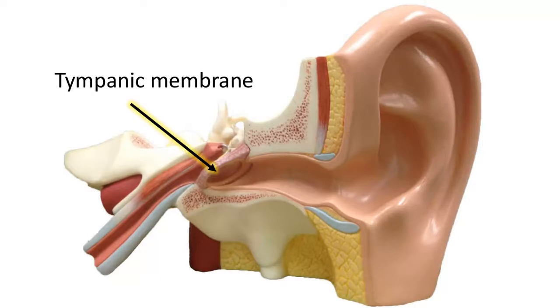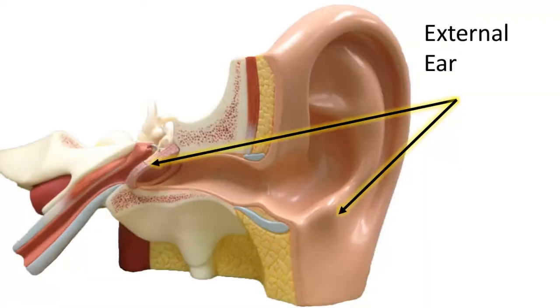The only acceptable answer is the tympanic membrane. And this is being recorded, so I have video evidence of me saying that to you people. Okay? So the pinna, the external auditory meatus, and the tympanic membrane all make up the external ear.